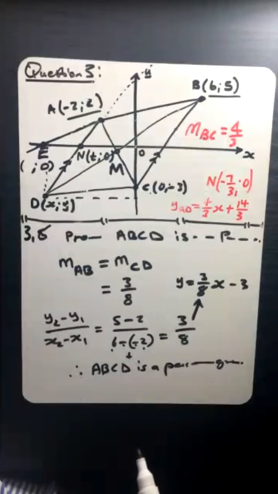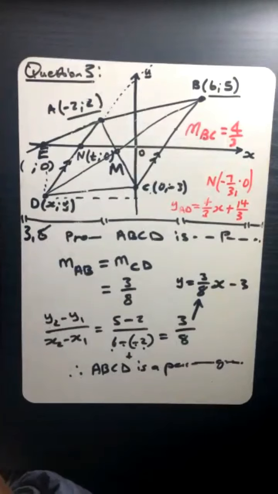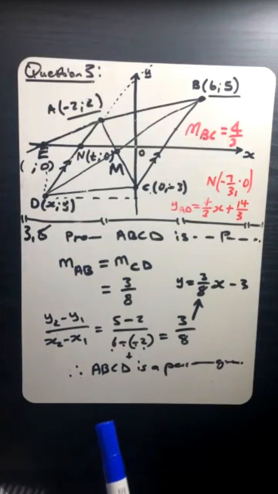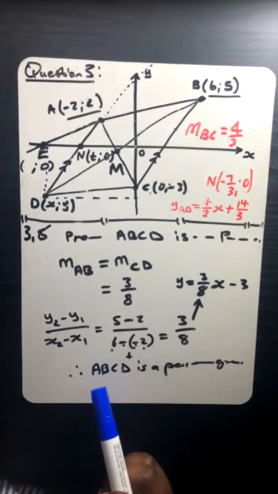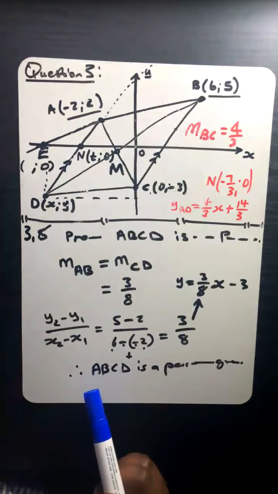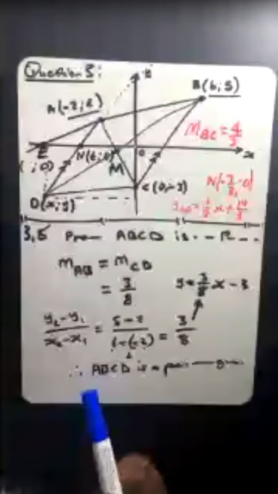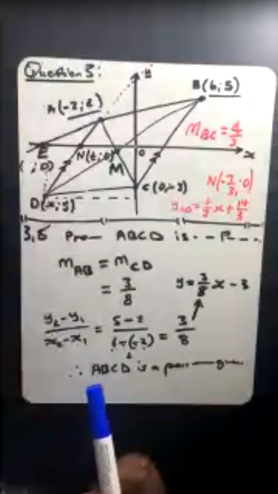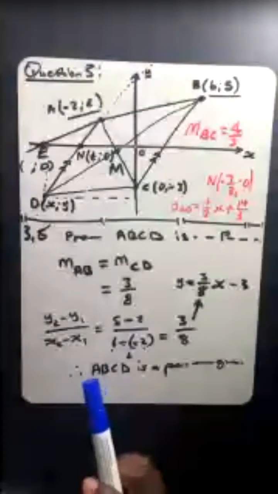This is not the only way. I want to expose you to all possible ways in which you can prove this. Remember, for a shape to be a parallelogram, AD must be equal to BC.